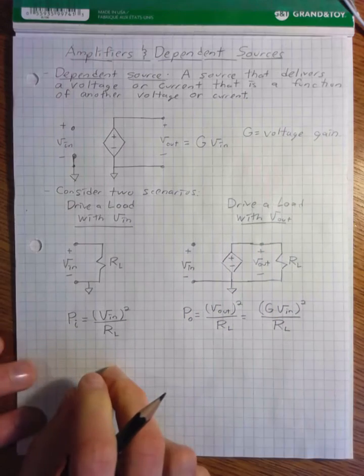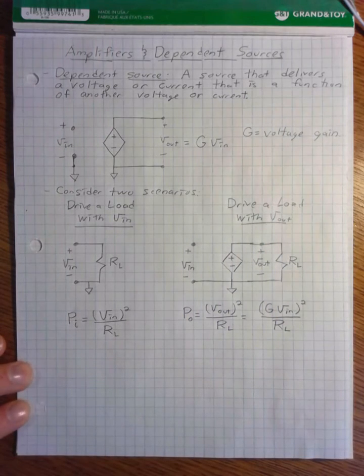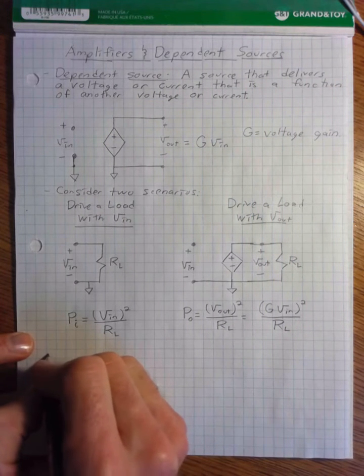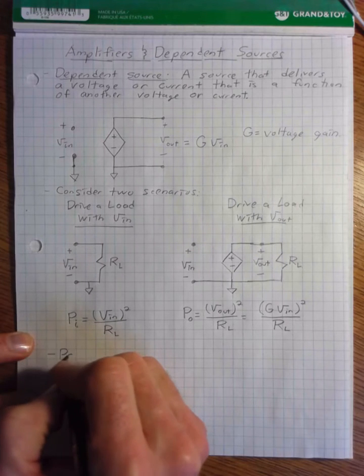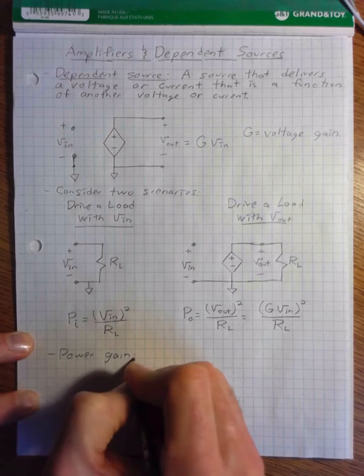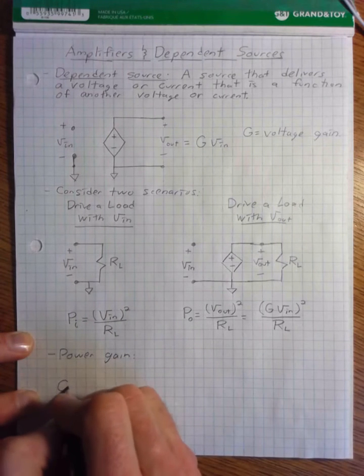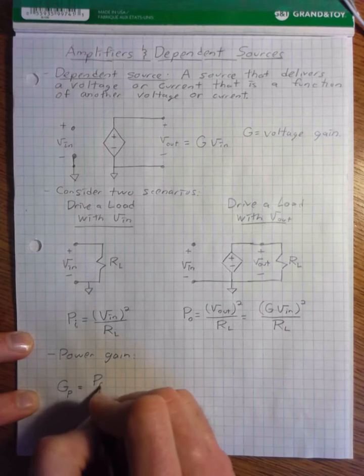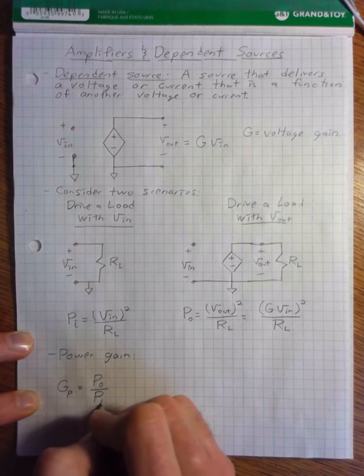If we want to quantify how much extra power we're delivering to our load thanks to our amplifier, we can define something called the power gain. The power gain, I'll call this GP, is equal to PO divided by PI.